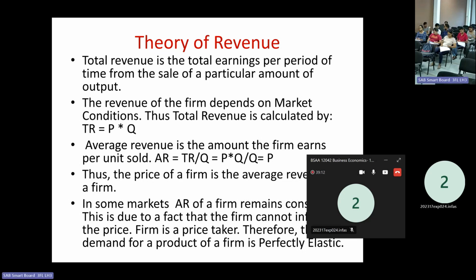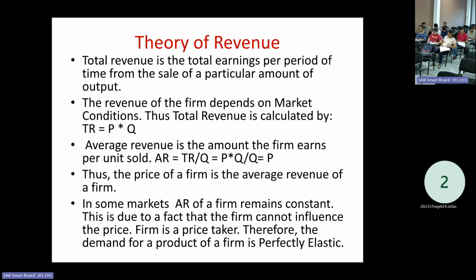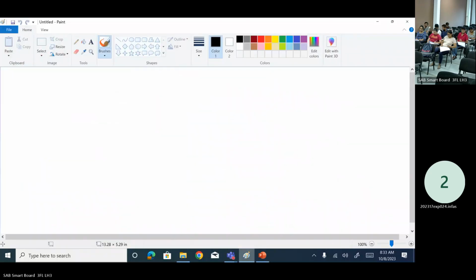Total revenue means price into quantity.